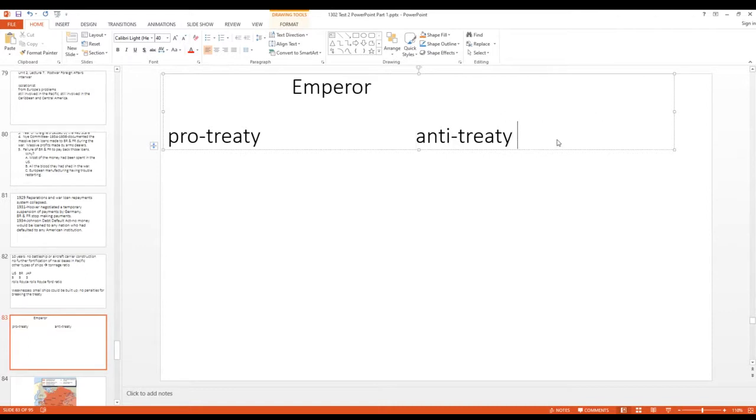The anti-treaty crowd were very expansionist. They wanted Japan's empire to grow. And so obviously limits on Japan's navy would make it difficult for Japan's empire to grow.